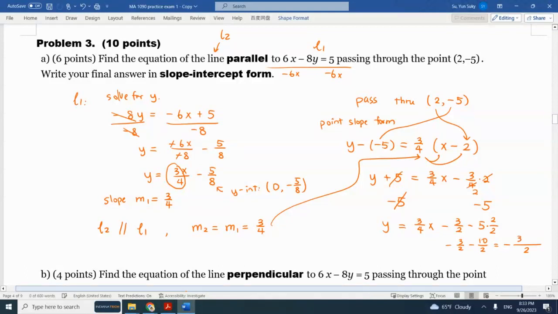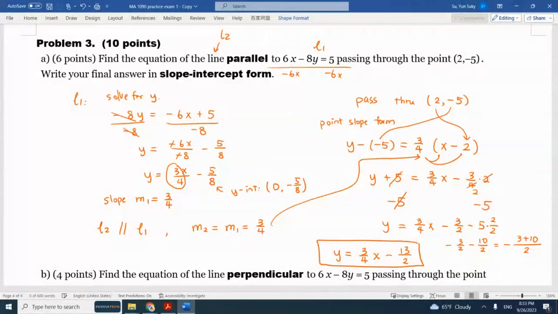And then you're doing 3 plus 10. When you move the minus in front, it's like you factor out the negative. That's why the second term changes from minus to plus 10. So finally, our answer is 3 over 4 x, and then the constant term is minus 3 plus 10 is 13 over 2. So this is the answer.